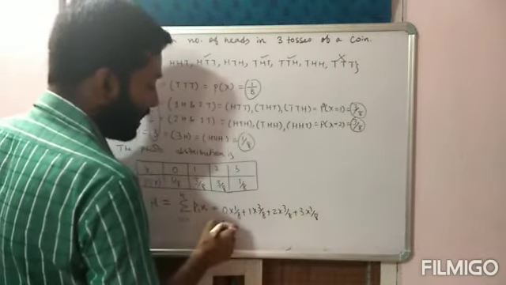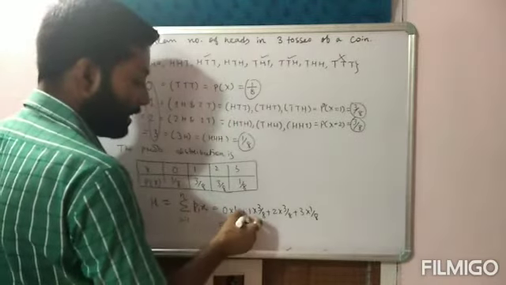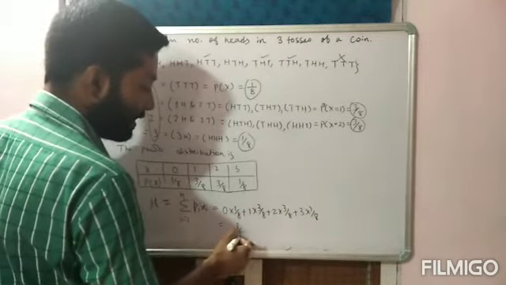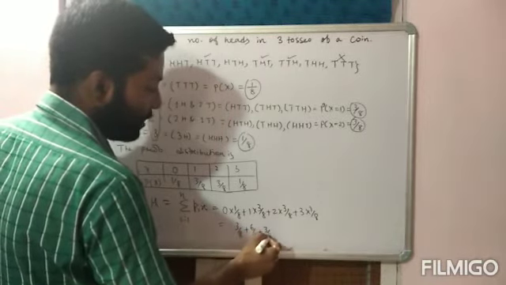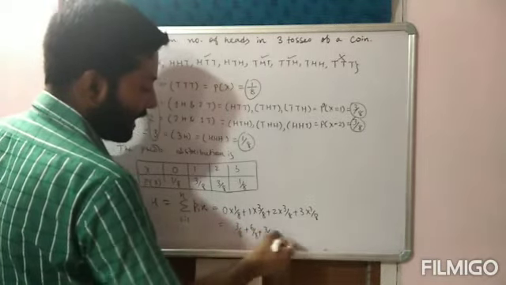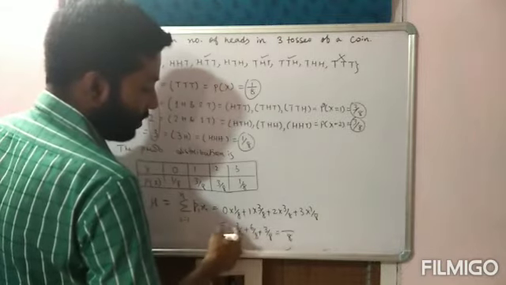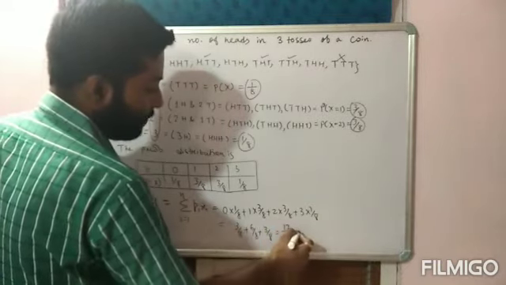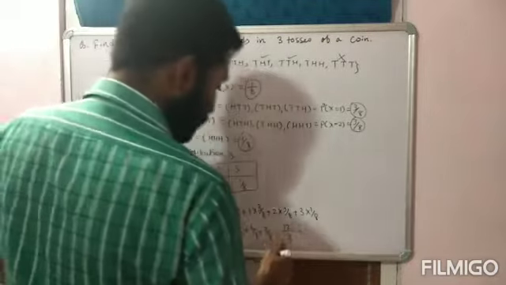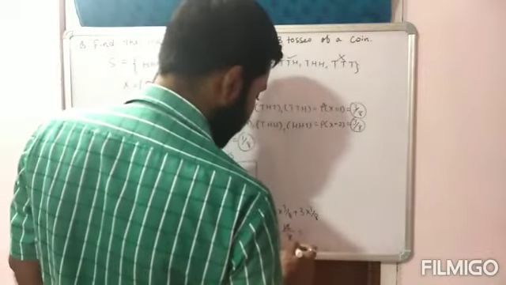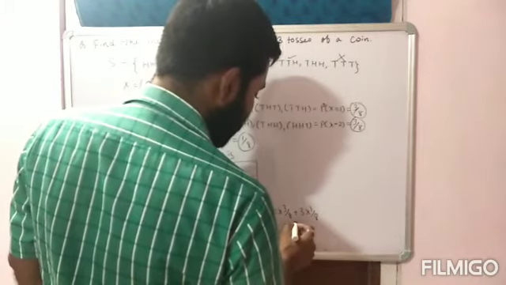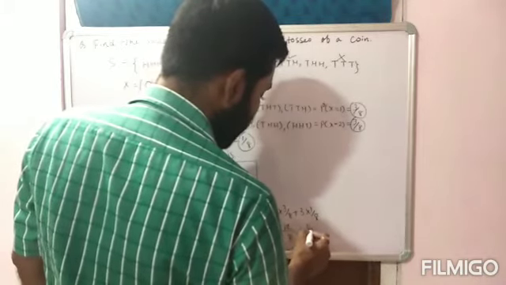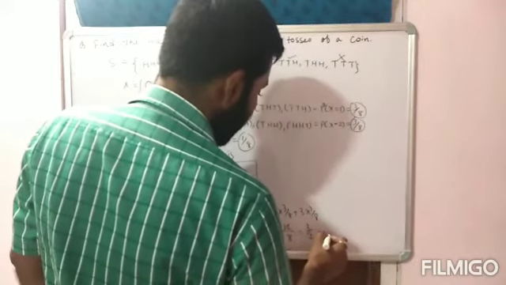Okay, so these are the values. Now you have to calculate these values. So 3 by 8 plus 6 by 8 plus 3 by 8. If you take LCM, LCM is 8 only. So this is 12 by 8, which is 3 by 2, that means 1.5.